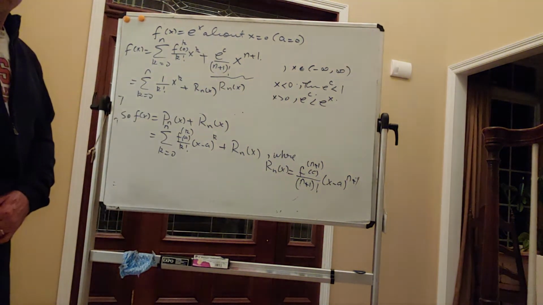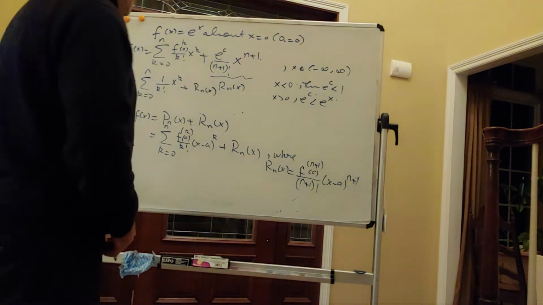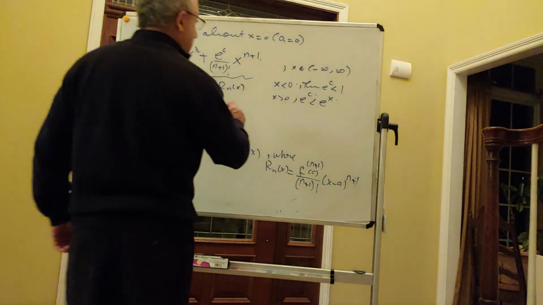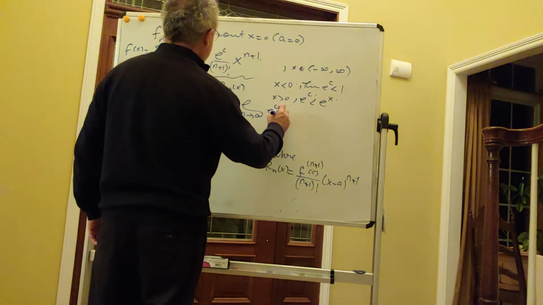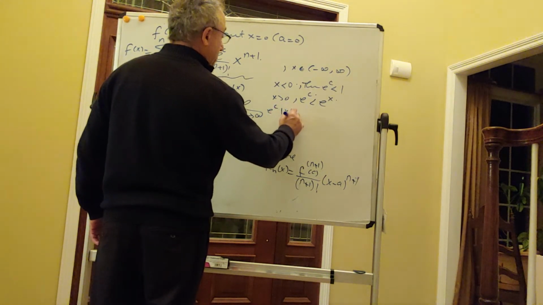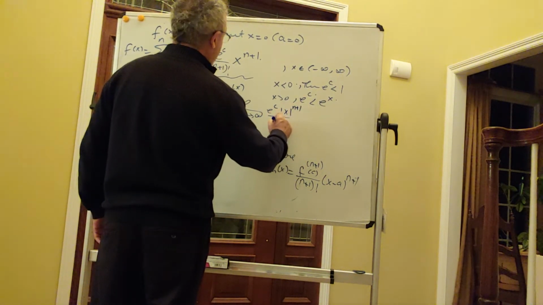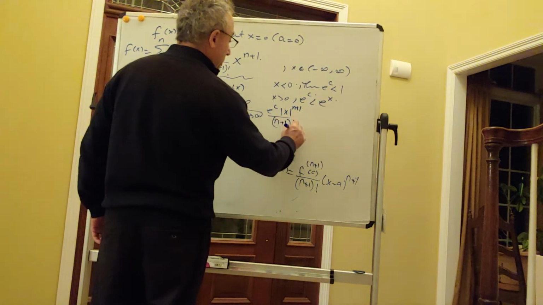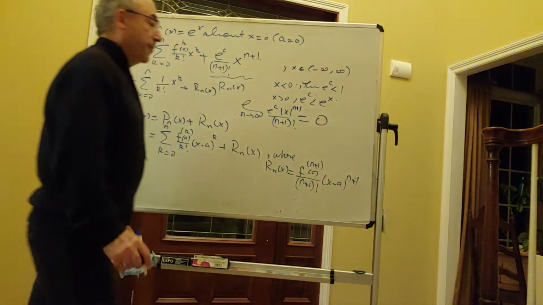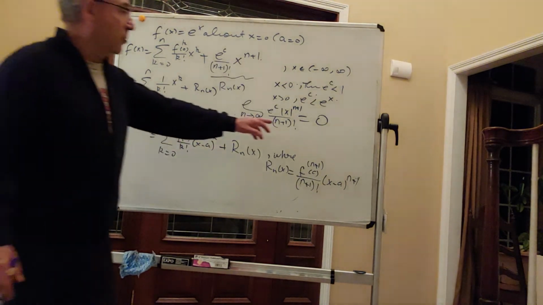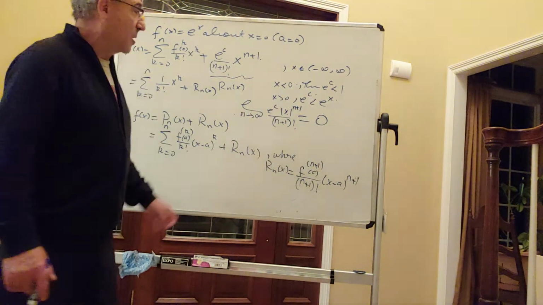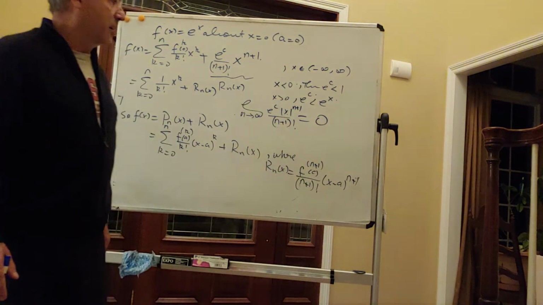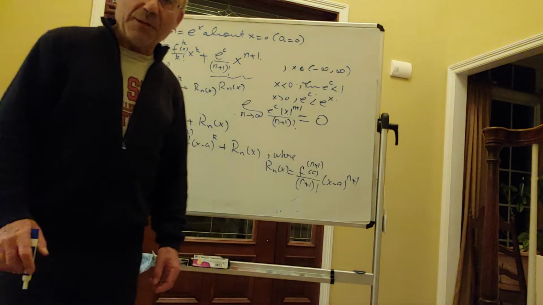So whatever that number is, if we look at the limit, regardless of e to the c, let's take the absolute value over (n plus 1) factorial, that is going to go to 0, because the n factorial will kill that limit. Remember, x is fixed, for any fixed x. So that one will kill it off, and that goes to 0.